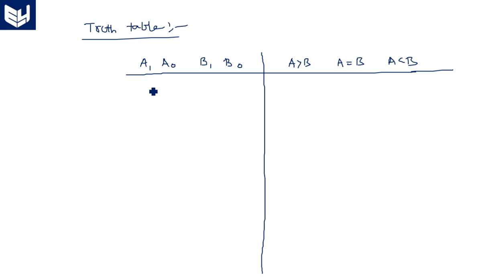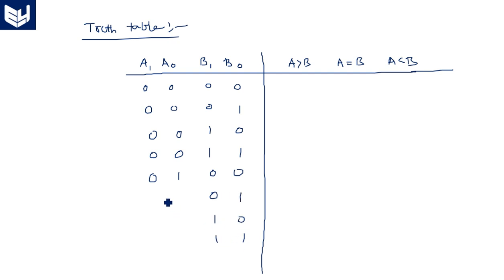Now let us think these 4 are input bits, so from 4 zeros to 4 ones, the combinations will be going on. So 0 0 0 0, 0 0 0 1, 0 0 1 0, 0 0 1 1, and next 0 1 0 0, 0 1 0 1, 0 1 1 0, 0 1 1 1.